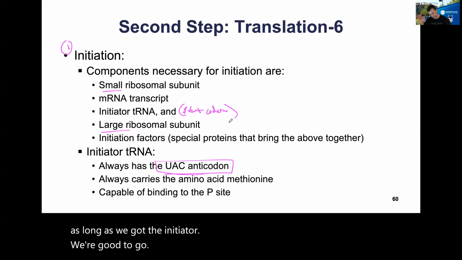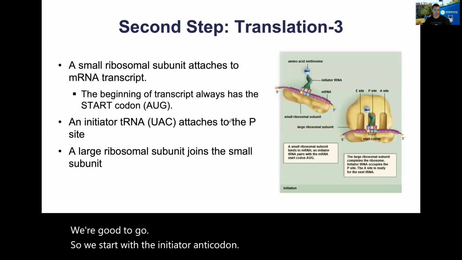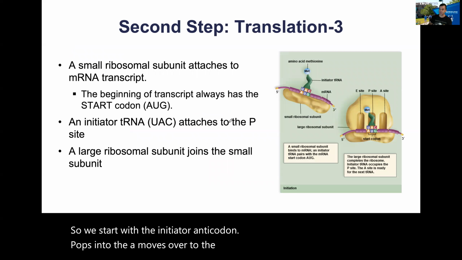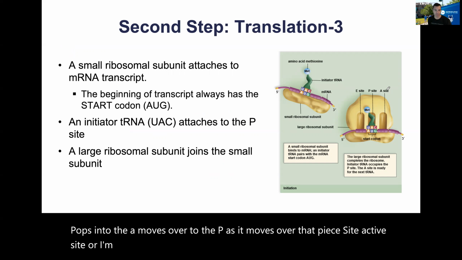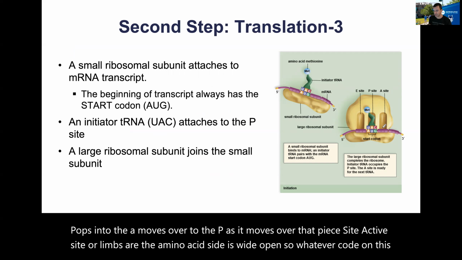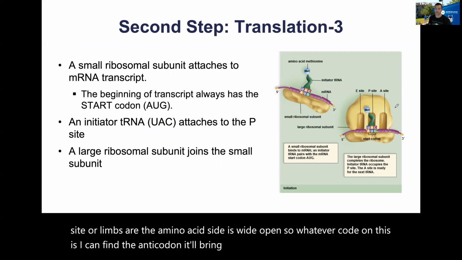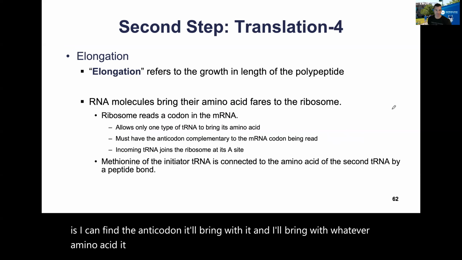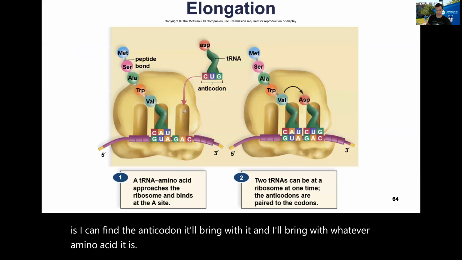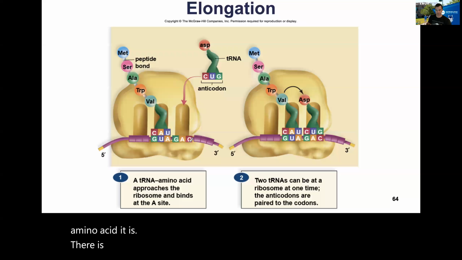So we start with the initiator anticodon. It pops into the A, moves over to the P. As it moves over to that P site, the amino acid site is wide open. So whatever codon this is, I can find the anticodon it'll bring with it, and it'll bring with it whatever amino acid it is. There's the codon, and the anticodon will be C, U, G. There you go, CUG.